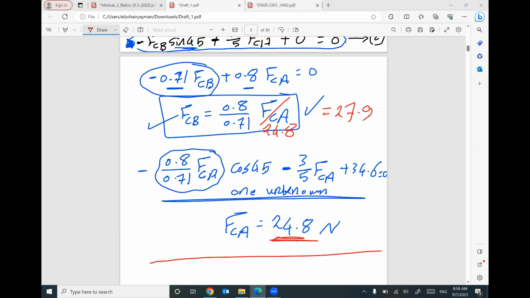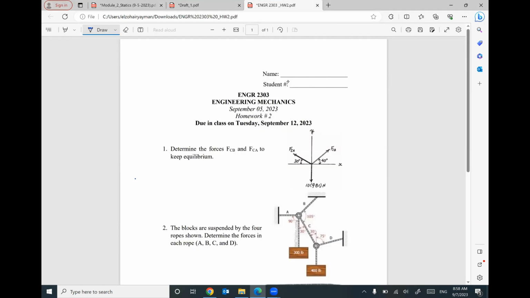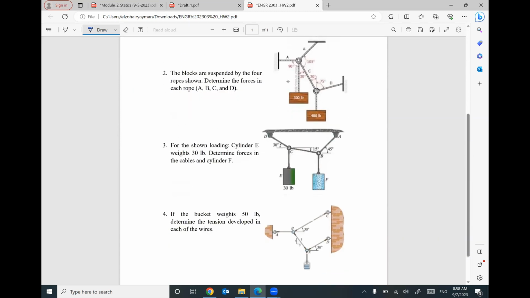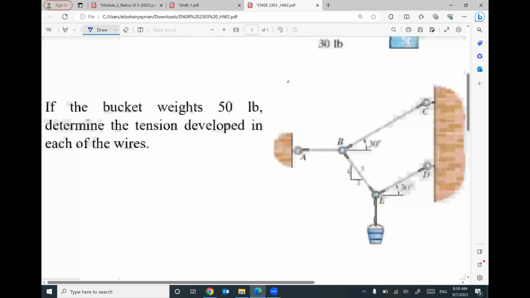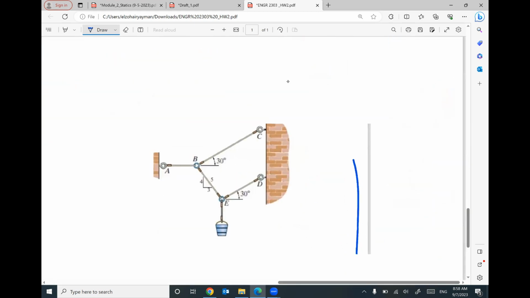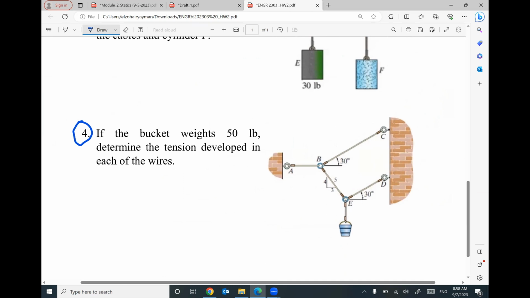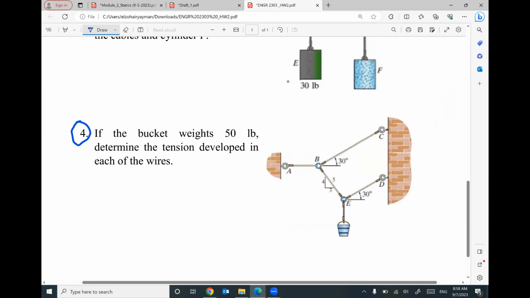Let's do one more example from your homework. I will do problem number 4. I will solve it with you. Problem number 4. We have a bucket with a weight.